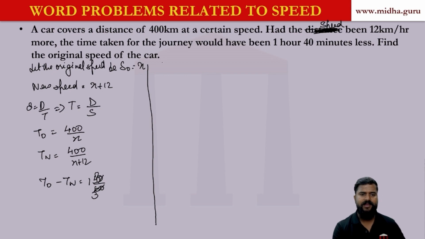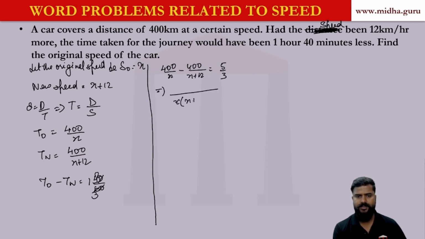So now we'll feed the values into the equation. TO is 400 by x minus 400 by x plus 12, which is equal to 5 by 3. Since this is 1, 2 by 3, it becomes 5 by 3. Now we'll say x into x plus 12. Here we'll write 400 into x plus 12 minus 400x is equal to 5 by 3.